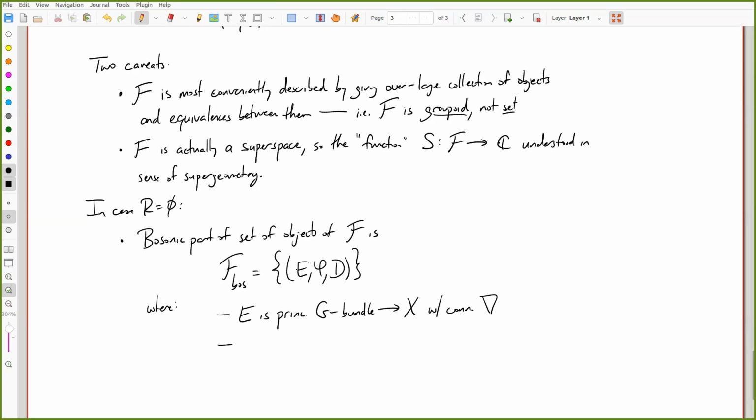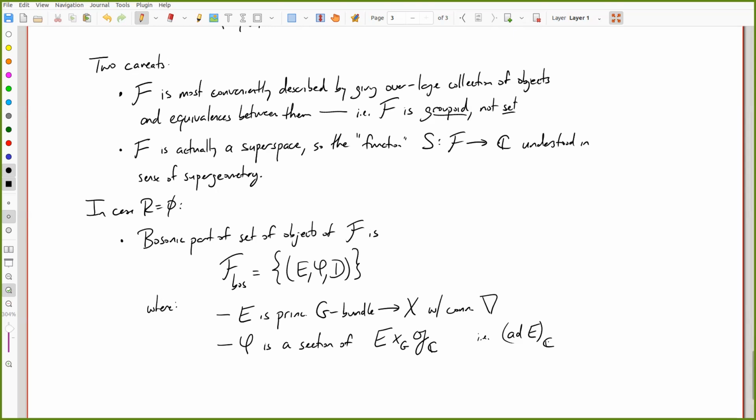In this supersymmetric version, the G bundles automatically come with some additional stuff. Some of it is fermionic, so I'm not describing it, but some of it is bosonic. In particular, what you automatically get is a section of the bundle associated with the adjoint representation of G. Another way of writing this would be ad E complexified.